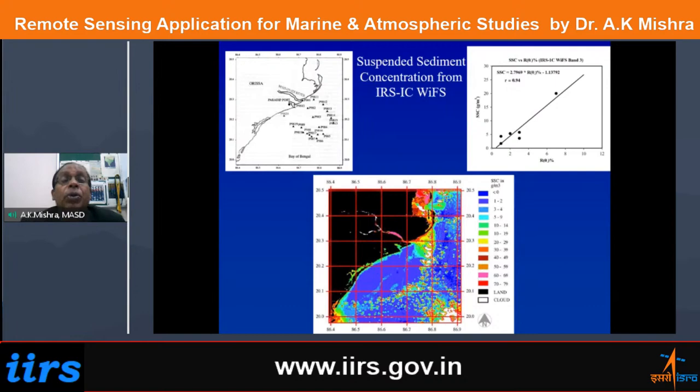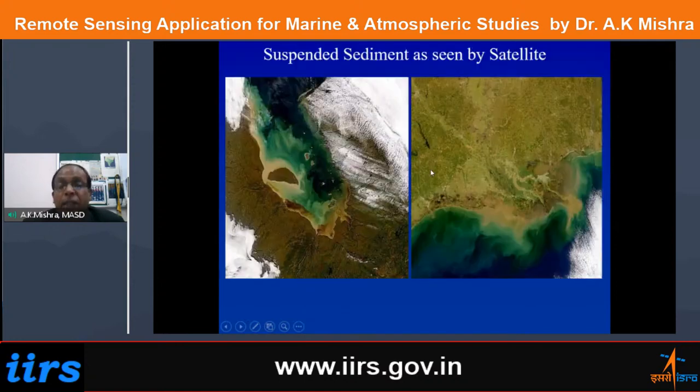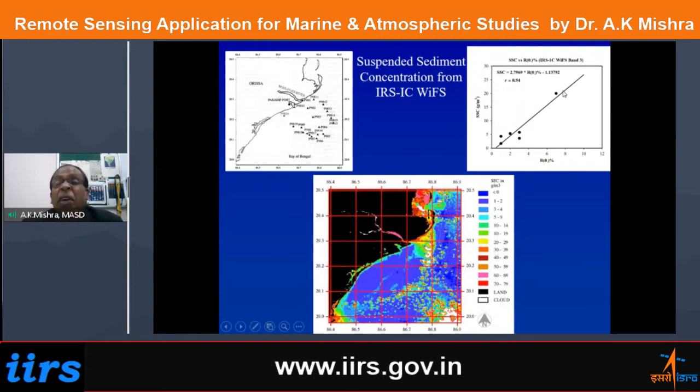So what you have to do is go for a synchronous sea-truth data collection, and here we have given an example. We have taken IRS-1C WiFS data and developed a bio-optical algorithm relating suspended sediment concentration to the reflectance observed in the red wavelength range.